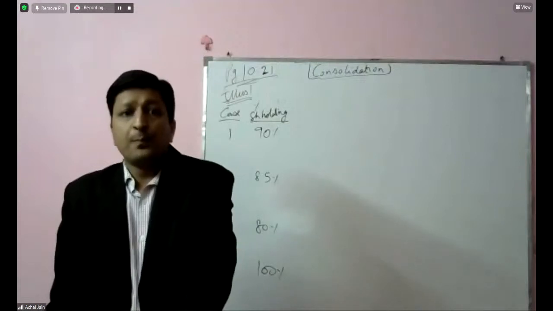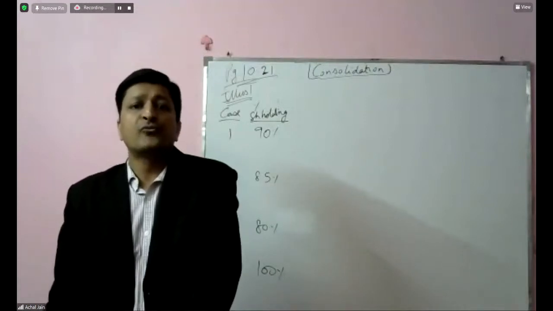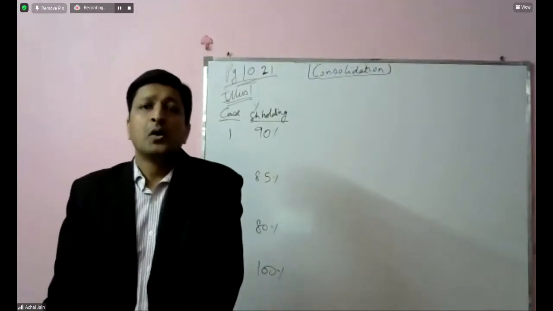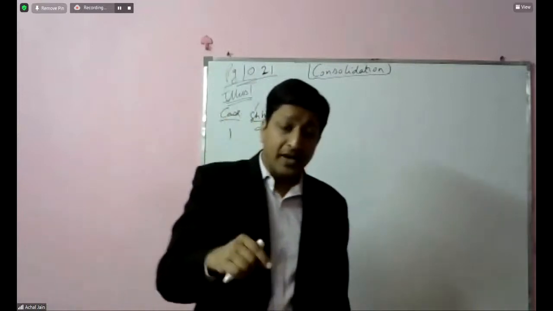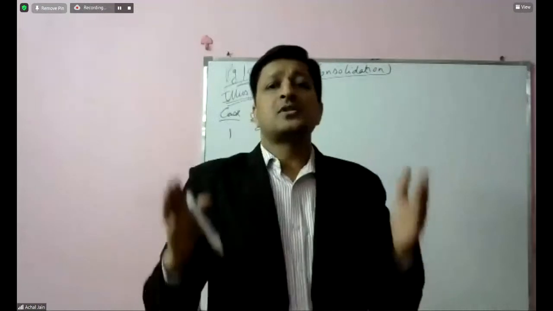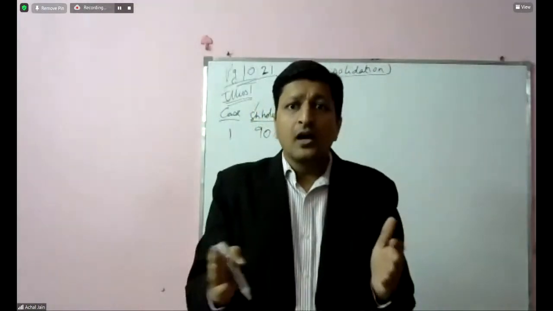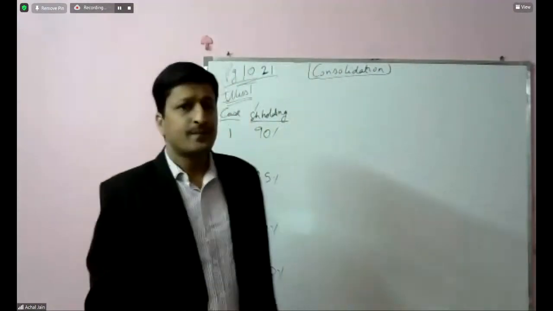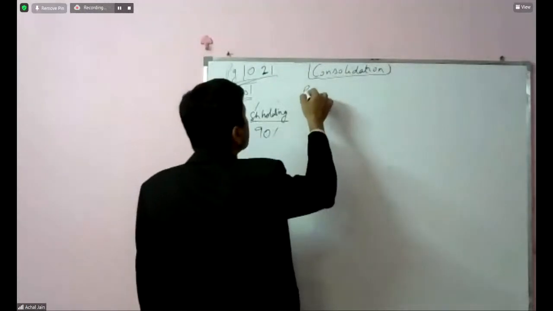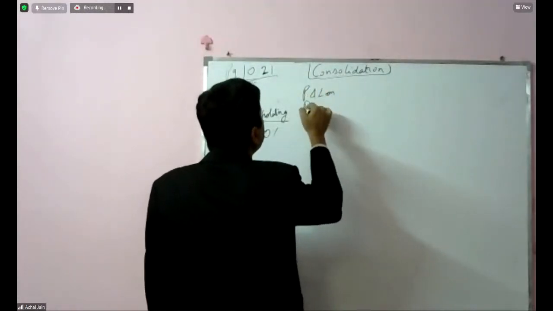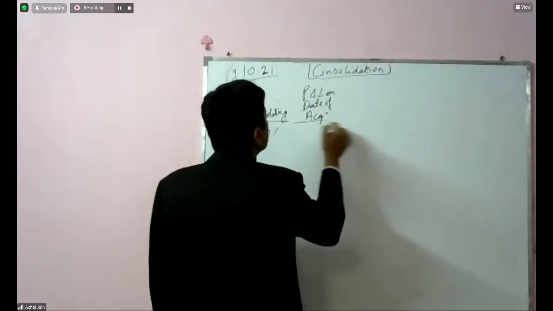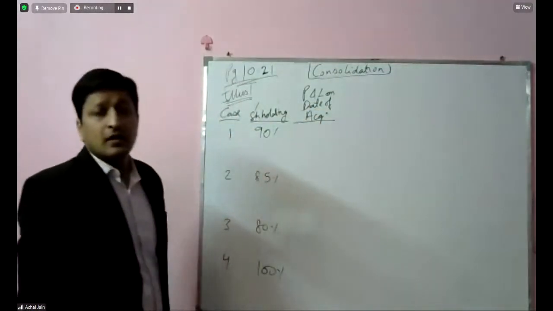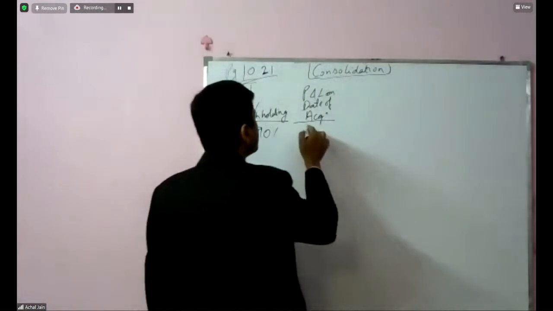Okay, so now what do we do? First of all, we pick up the profit or loss on the date of acquisition. Now, do we need to pick up the share capital? No, because now we are dealing only with the profits during the year. So, P&L on date of acquisition, 50,000.